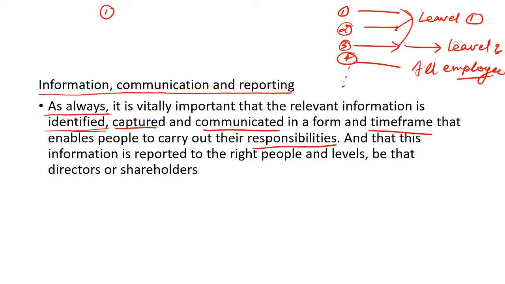One is, you have to communicate the information within a certain time frame, or with the communication you provide a time frame to complete the task. And that information is reported to the right people and level, be that director or shareholder. It may be director, it may be shareholder.